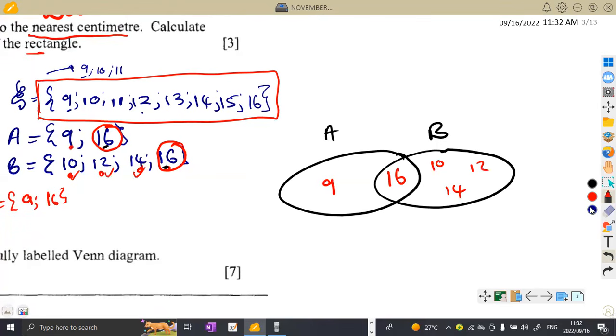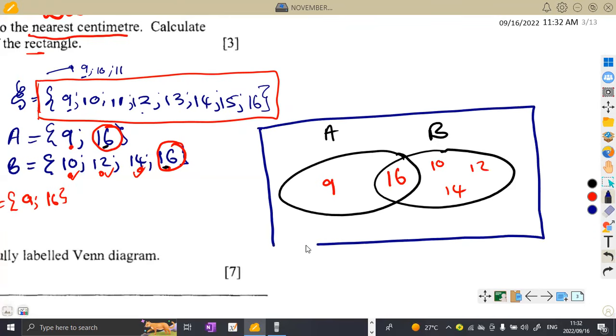So those are the elements that you indicate with this rectangle. That is where you draw the rectangle to show those elements which are not part of this set. So that's the universal set. Which are the elements which are not here? 9, we've got 9. I'm just going to tick this 9. 10, we have got 10 here. 11, we do not have 11, so we're going to write 11.